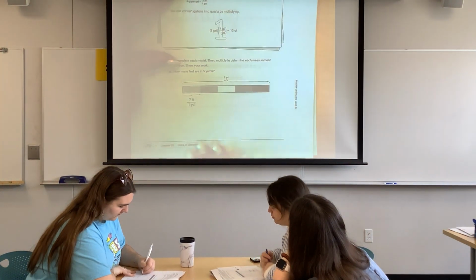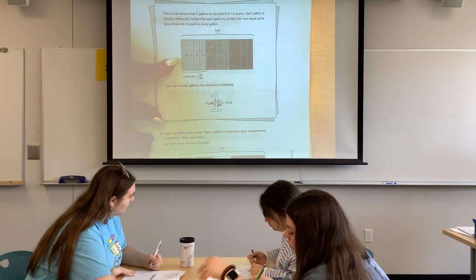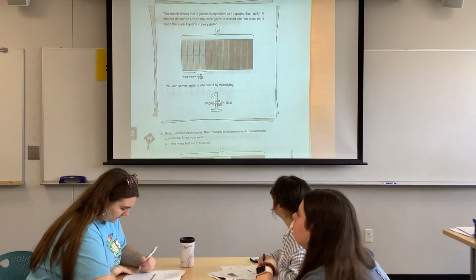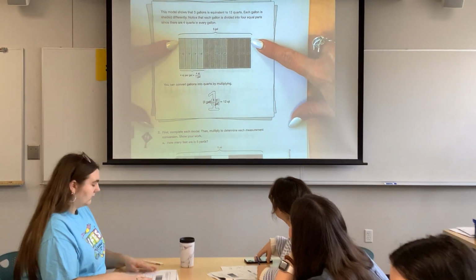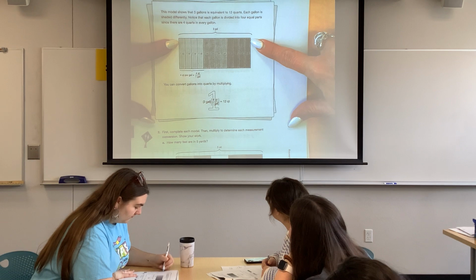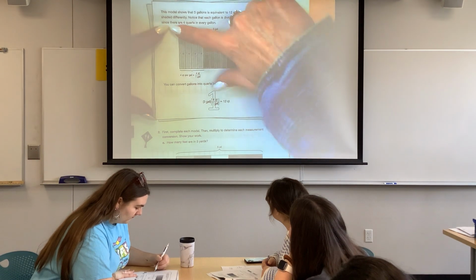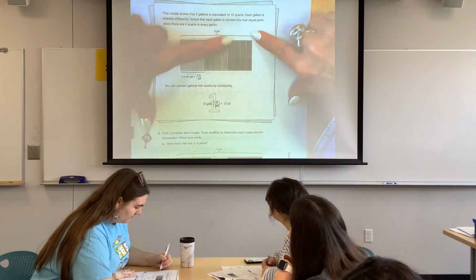Now here's another one. We use strip diagrams like we learned in number sense. So let's think about this. If we know we have 3 gallons, and I want to know how many quarts there are in 3 gallons, I can draw out 3 gallons, and each gallon can be a different color.